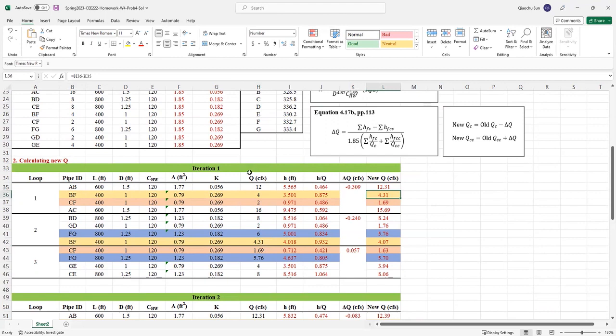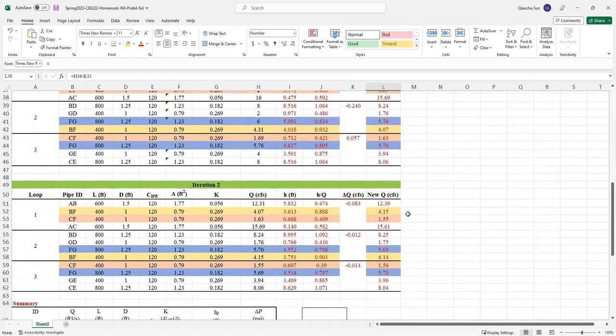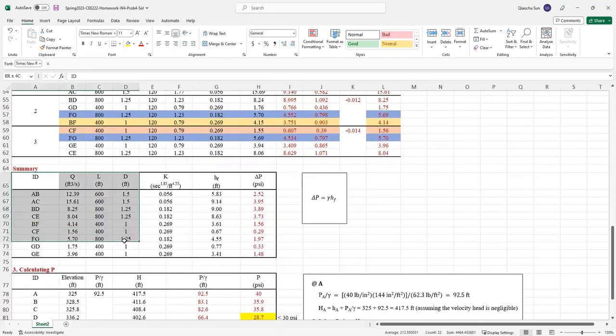After we do the 2 iterations for all 3 loops, we can get the final result of the flow rate in each pipe. This table summarizes the information that we got after doing 2 iterations. We listed the flow rate and the friction loss in each pipe.